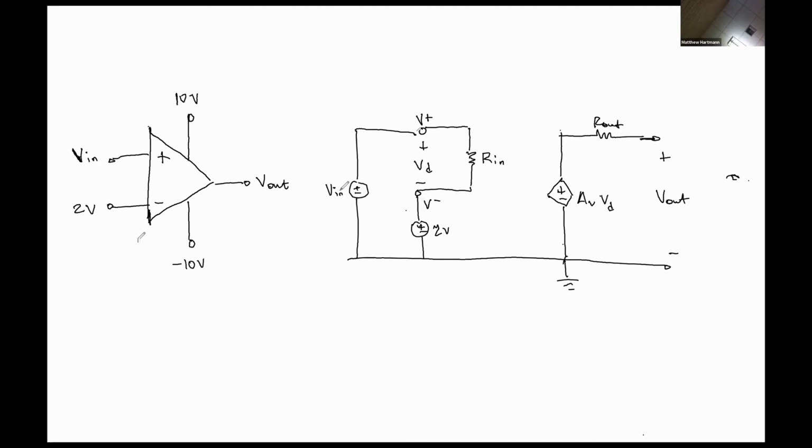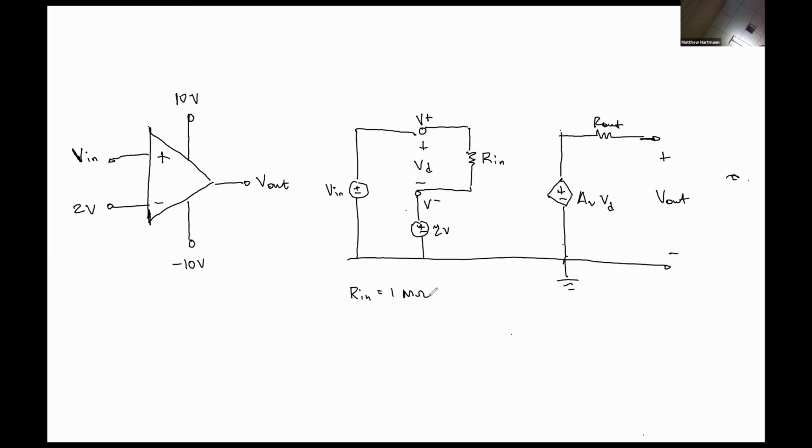So in the notes, it says that an op-amp can be classified by 3 parameters: the input resistance, the output resistance, and the voltage gain, Av. So in this example, let's give a typical value for the input resistance. So let's say that Rin is 1 mega ohm.